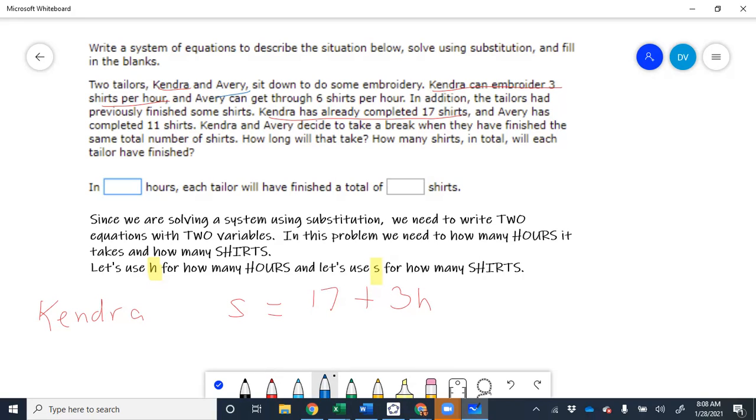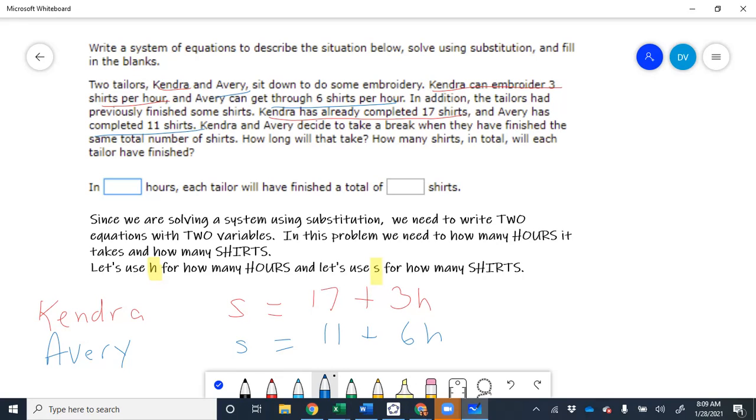So Avery can do 6 shirts an hour, and Avery has started with 11 shirts. So for Avery, let's do that in blue. The number of shirts that Avery makes is going to start with 11, and she's going to add 6 shirts every hour.